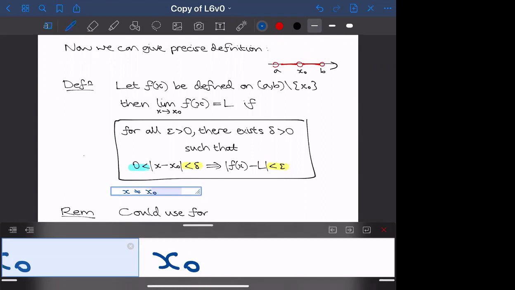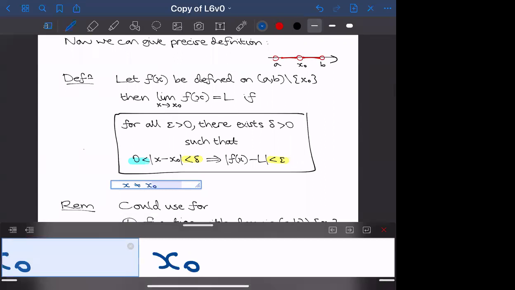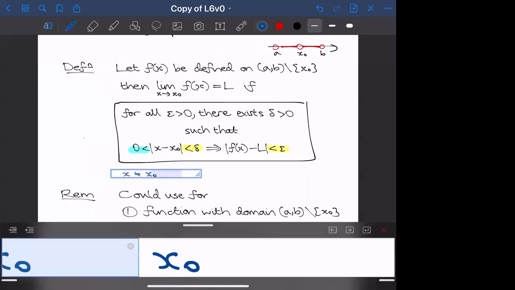And now we have this definition, lots of words and symbols. Really, you have to practice with it to use it, and we'll do a bit of practice. But some remarks about which parts of the definition are important.